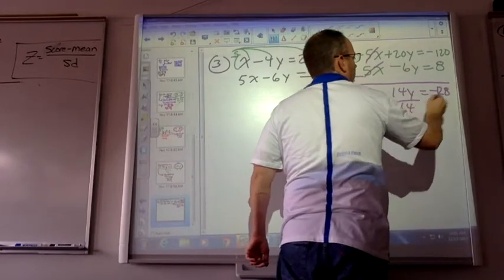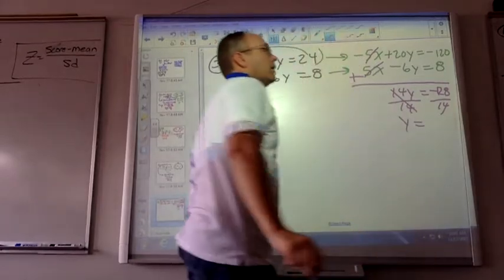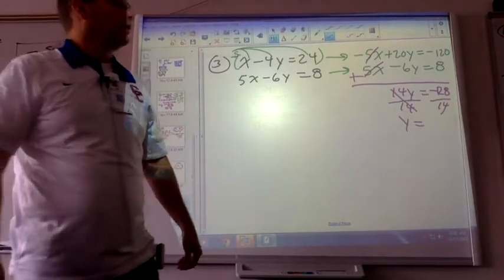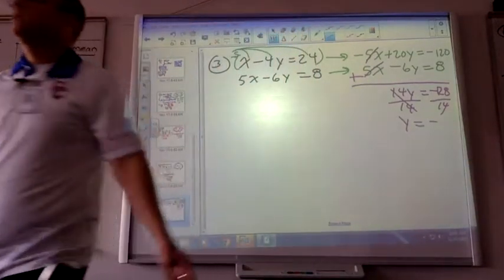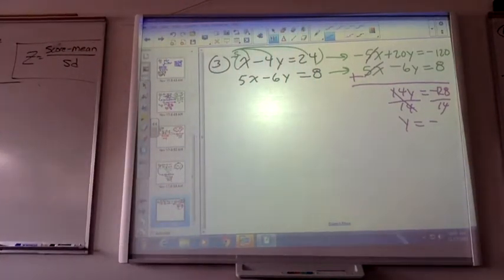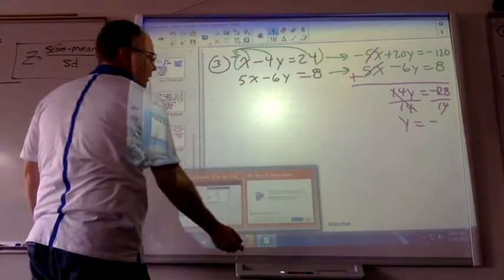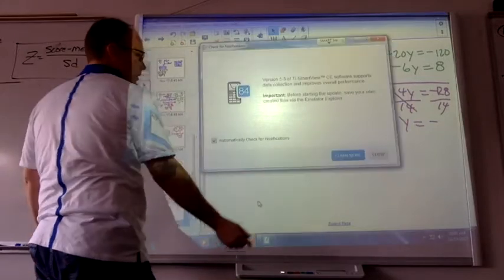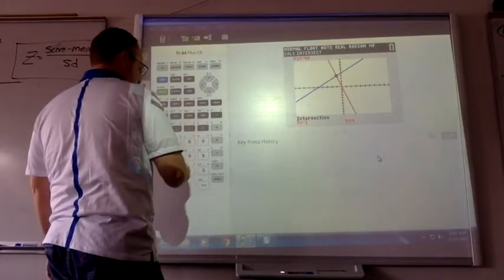Divide each side by 14. It's negative, I know that. What's 120 divided by 14? 9.142? Really? 120 divided by 14. What am I dividing?